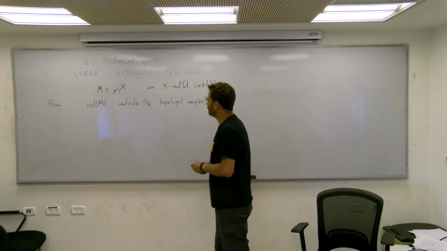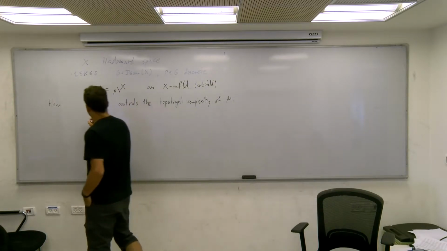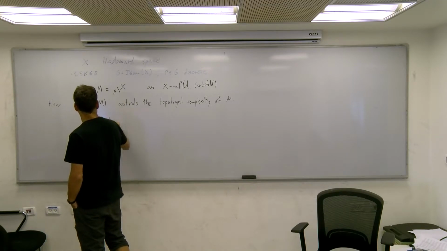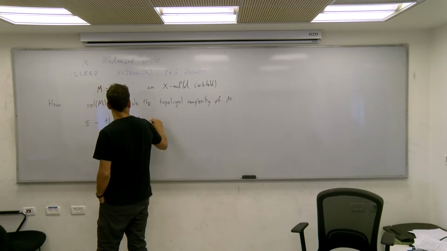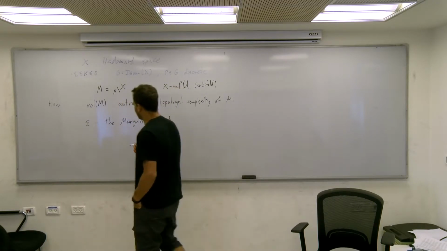So what I want to do today is the following. We defined epsilon, which is called the Margulis constant. Let me recall what it means.